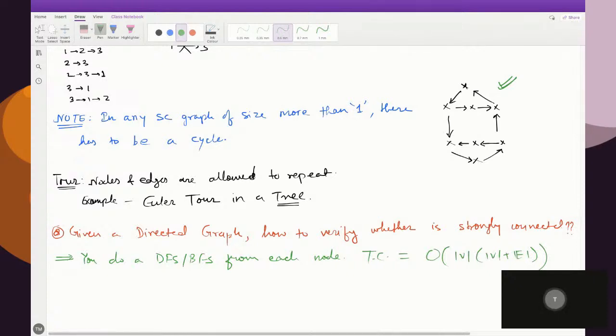Sachin Kumar is saying take the reverse graph, compute DFS on the reverse graph and the graph. Okay, Sachin, if you think so, is there any argument to support why this should work? Why will this work, Sachin? Tell me.